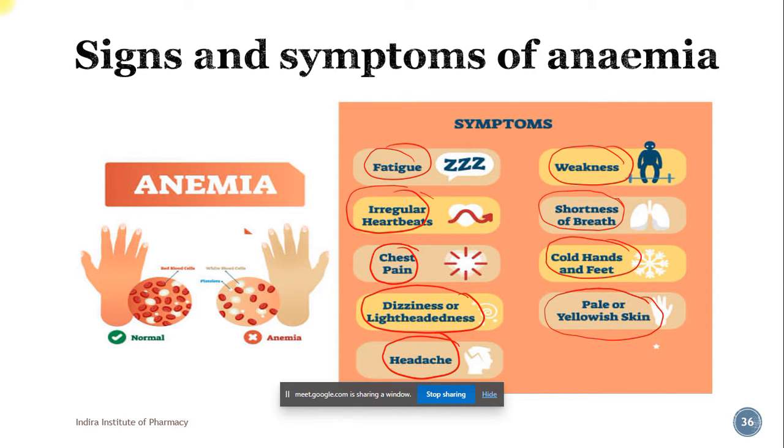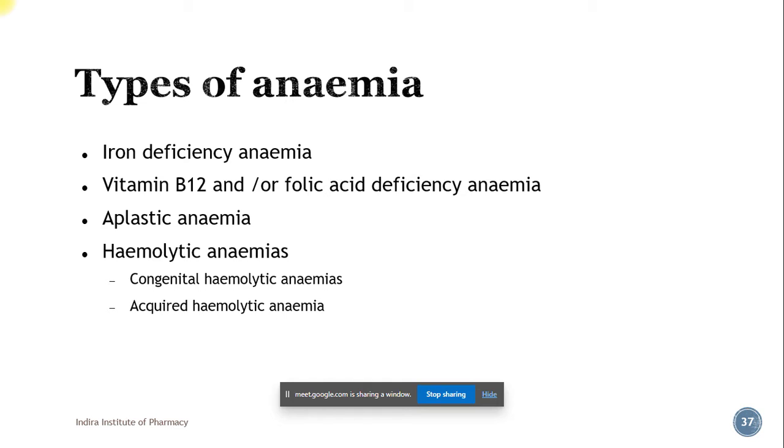The types of anemia: there are many types, but the ones we are going to consider here are the main types. The first is iron deficiency anemia. The second is vitamin B12 and/or folic acid deficiency anemia.